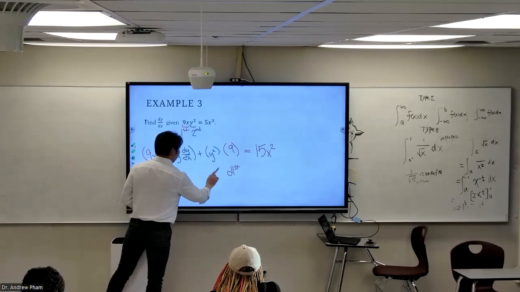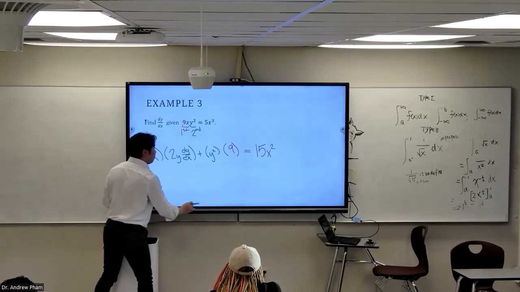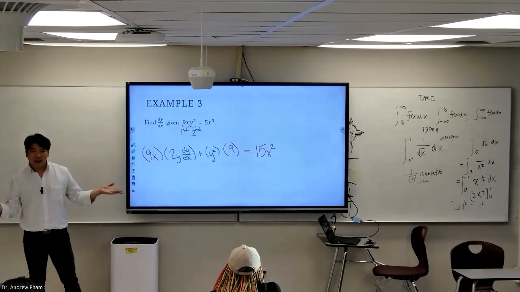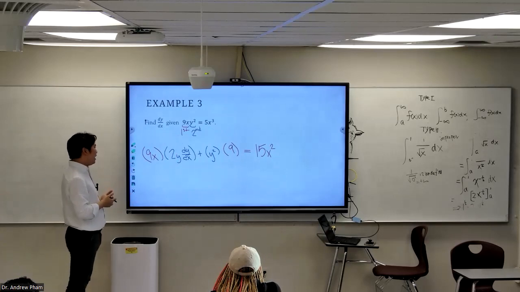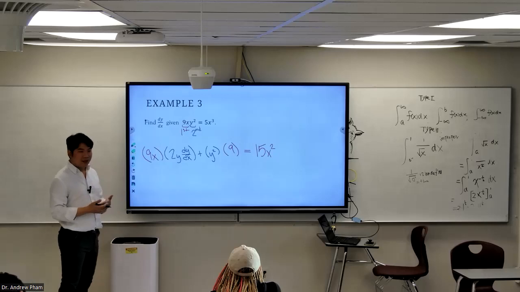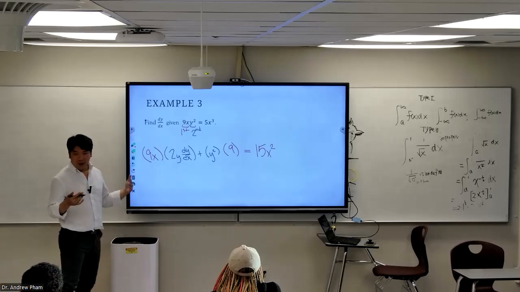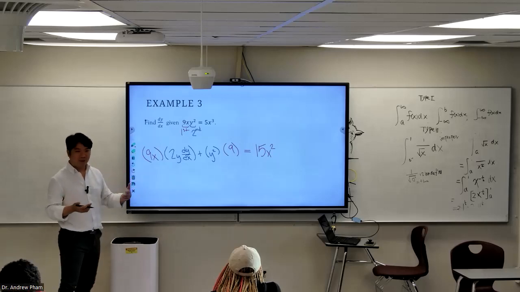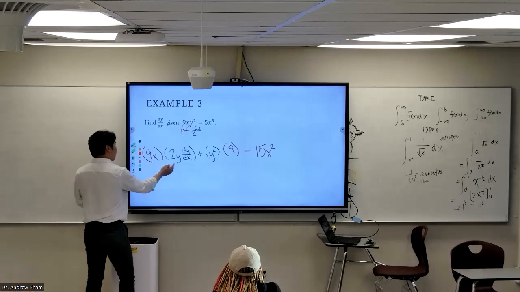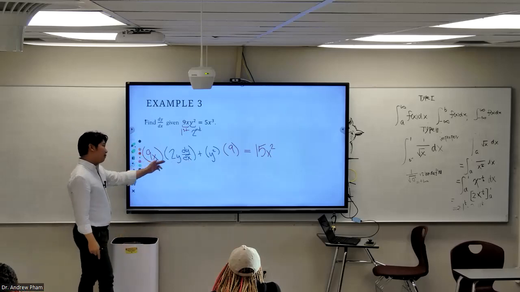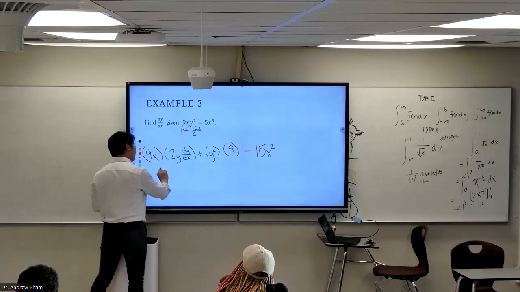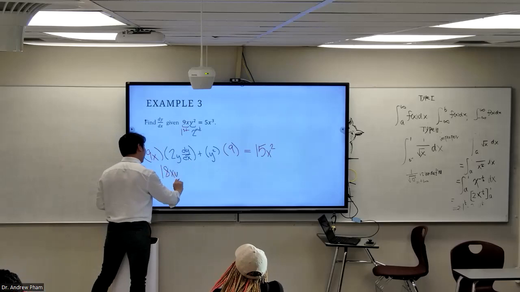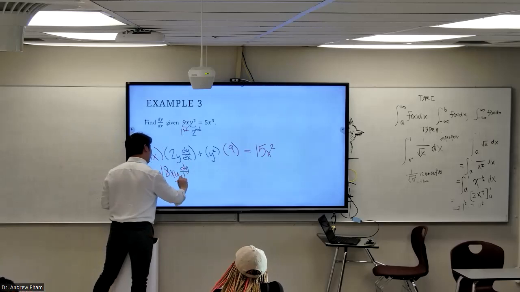I'm still not done yet because my end goal is to get dy dx alone. Depending on how you want to write this, you can give me a simplified form or not. Let's simplify a little bit because here the simplification is quicker. 9x times 2y, 9 times 2, I get 18xy dy dx.